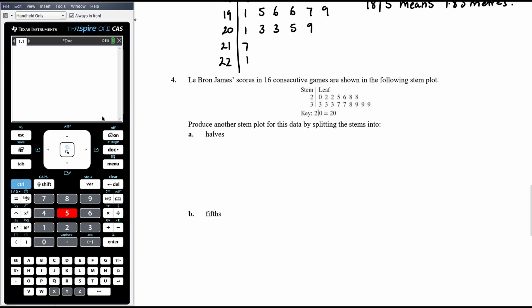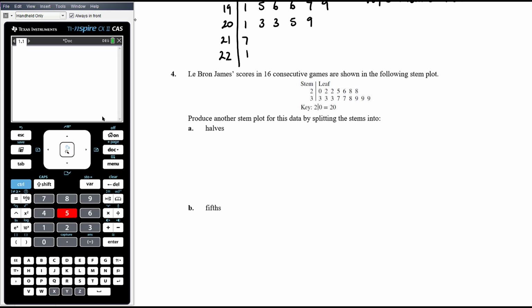Alright, question 4. LeBron James' scores in 16 consecutive games are shown in the following stem plot. Produce another stem plot for this data by splitting the stems into halves and into fifths. Okay, so into halves we're going to have 2 stems for each value. So we're going to have 2, 2, 3, 3.